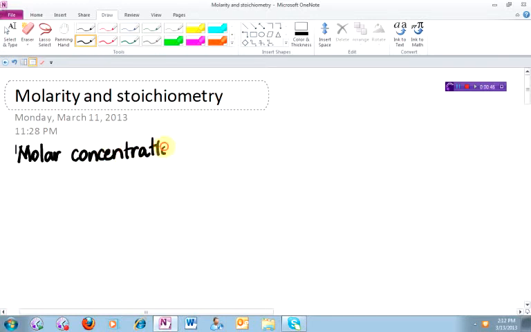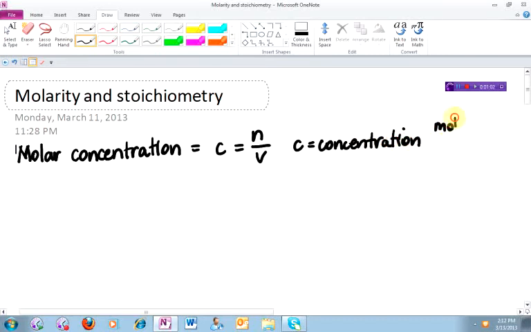Remember, molar concentration is equal to C equals n over V, where C is the concentration that's calculated in moles per liter, which can be abbreviated molar. n is equal to the number of moles, and V is equal to the volume.